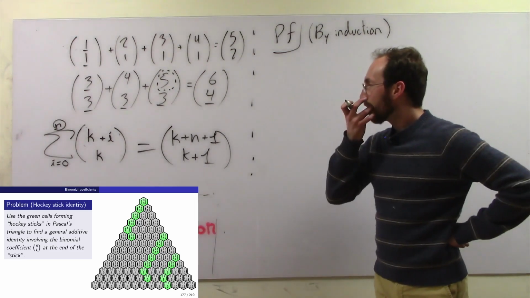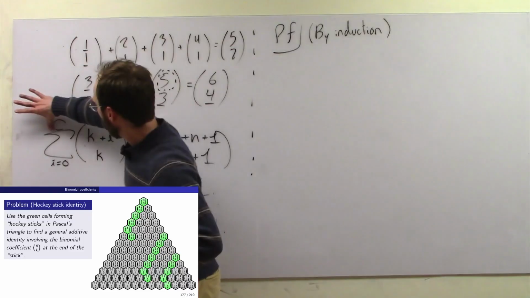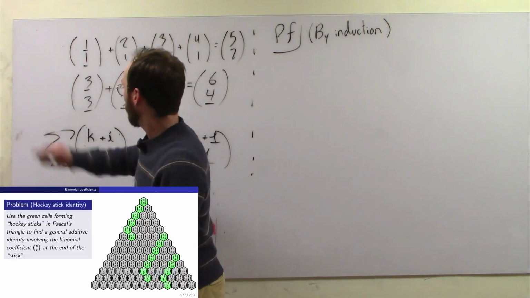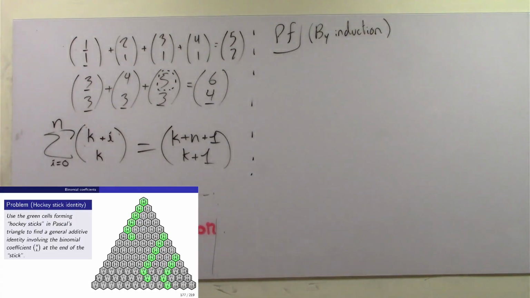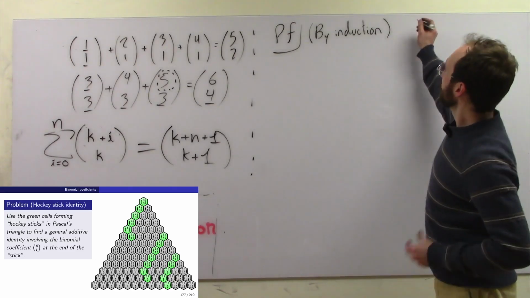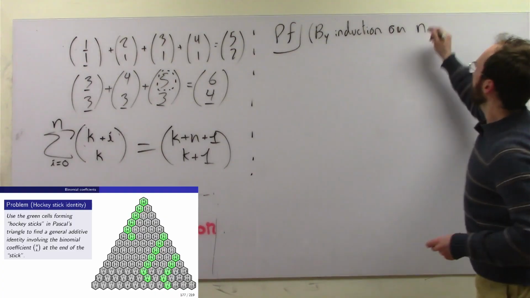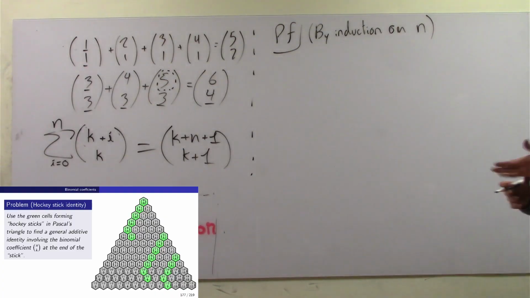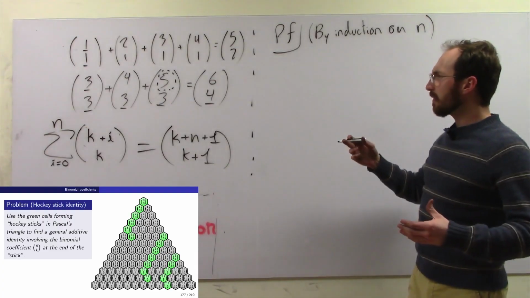What is the limit of the sum? It's n. I would guess on n, so that we get another term. Yeah, I think we're gonna induct on n. Let's do that. We're gonna fix k. We're gonna induct on n. Let's see what happens here.